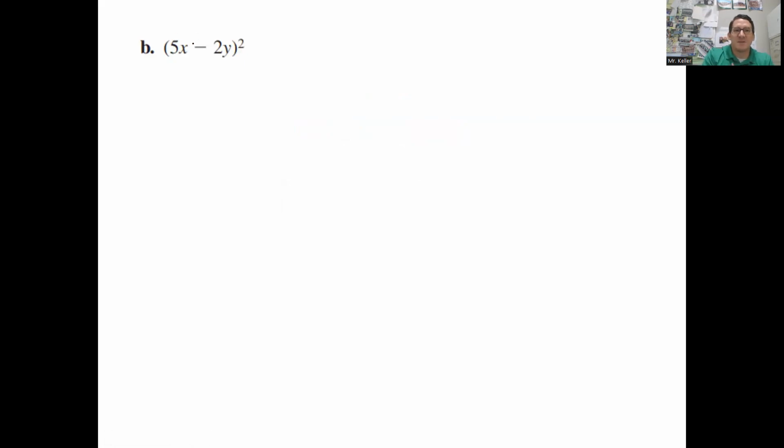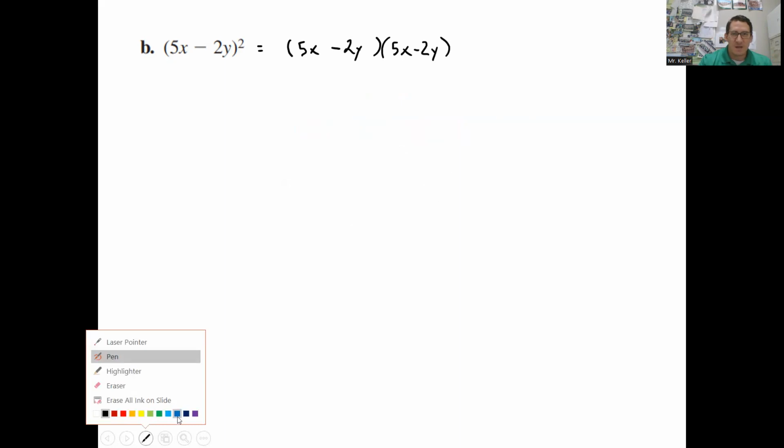Let's do one more just because there's a negative in here, and that can sometimes be tricky. But remember, when it's squared, what you're going to do is just multiply the binomial times itself. 5x minus 2y squared is equal to 5x minus 2y times 5x minus 2y. Again, you can use whatever method you like.